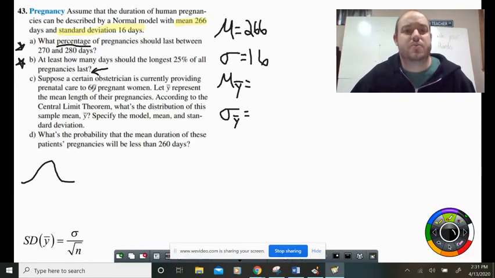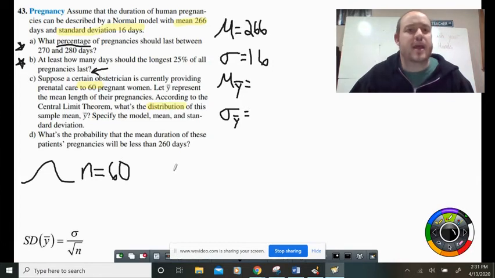So this is finally where they're saying, check it out. We have a sample of 60 and we want to know what the distribution would be of a sample like this. All right. So that means that they have finally switched over to a sampling distribution question where n is going to be equal to 60.